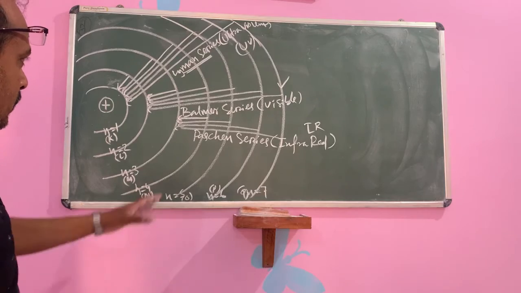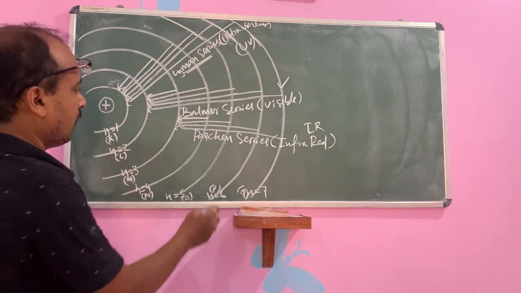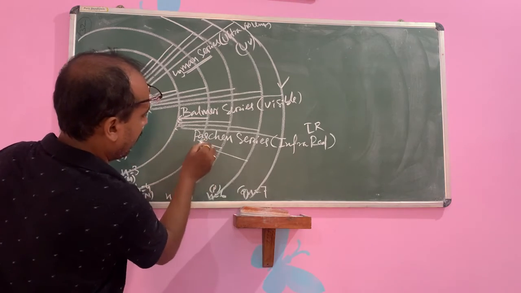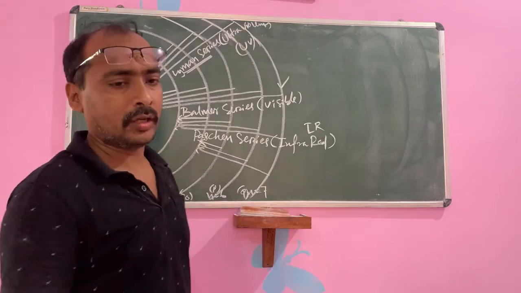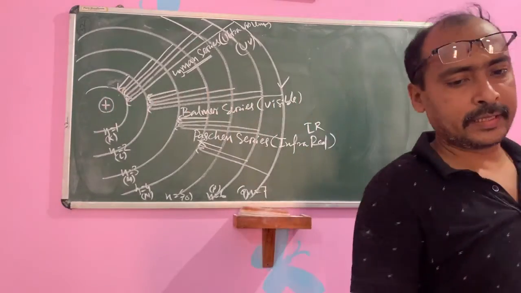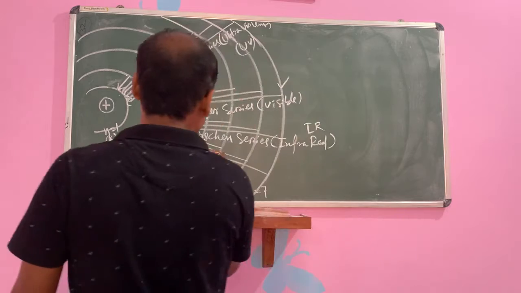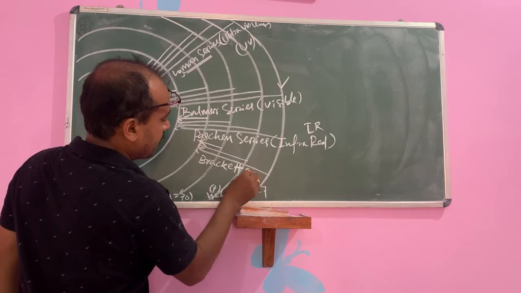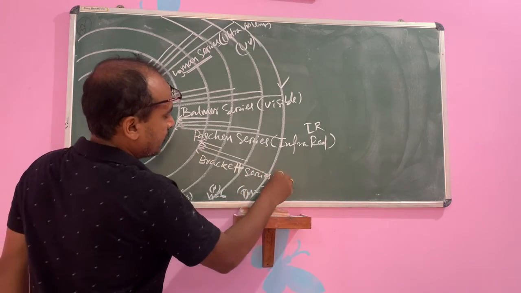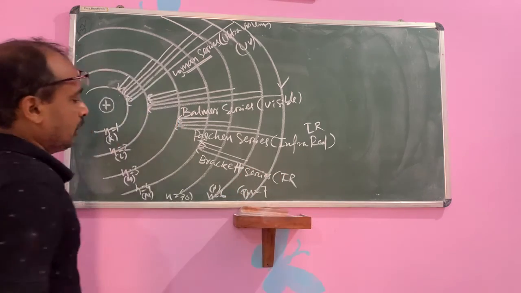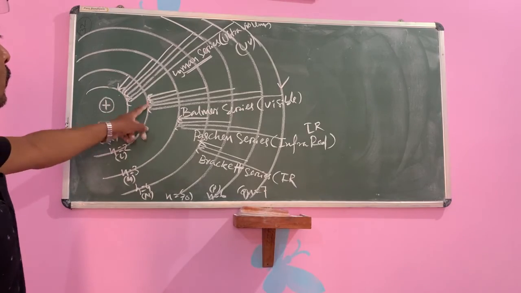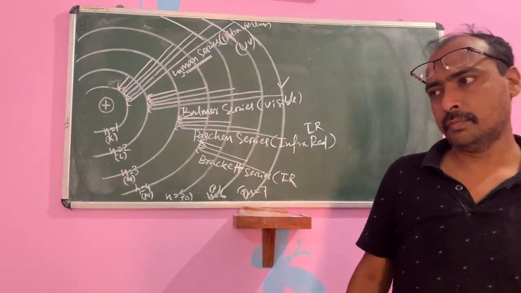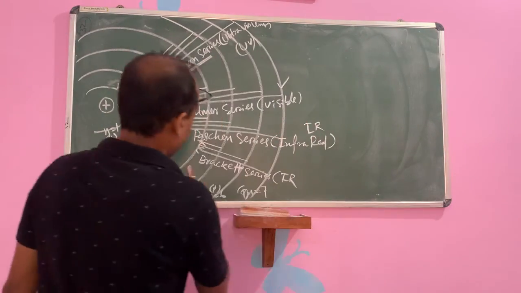Similarly, this is your Lyman, Balmer, Paschen. Then Brackett series, that is also IR. Another one, Pfund. The next series here, Pfund, is also IR.